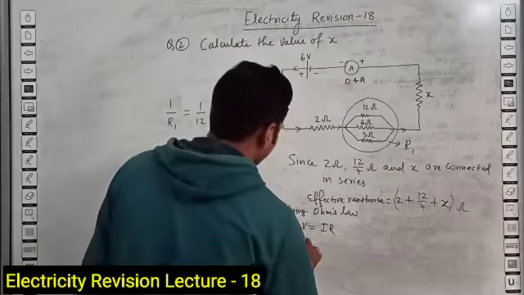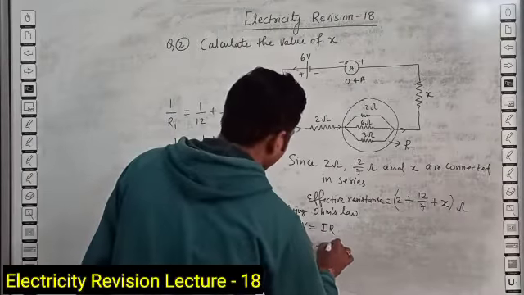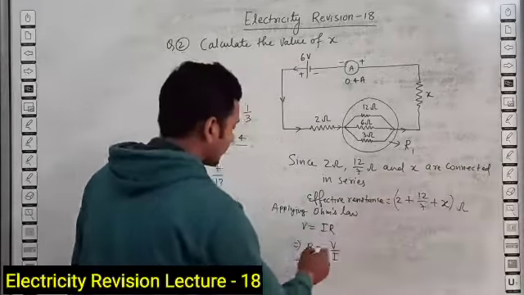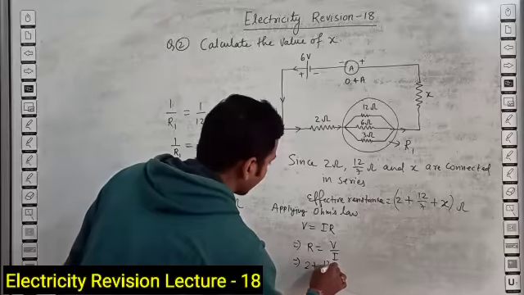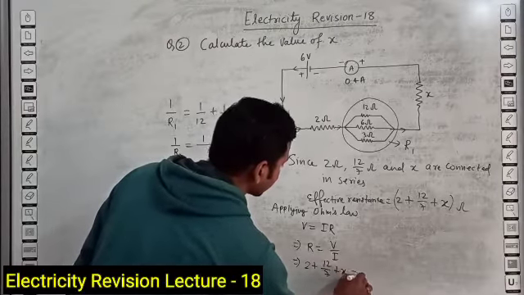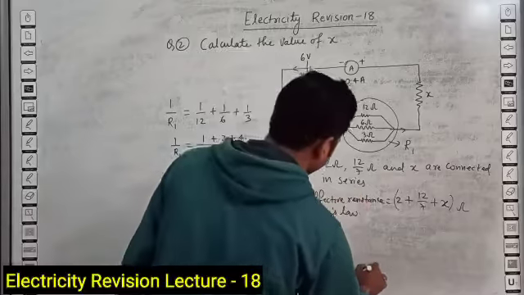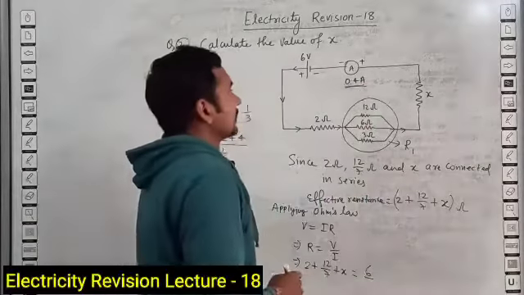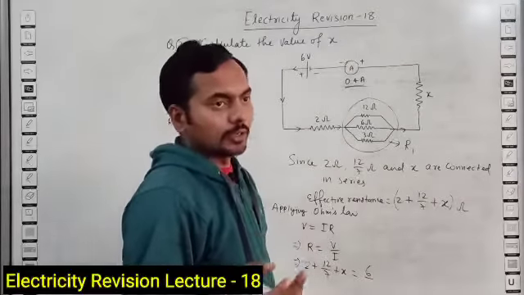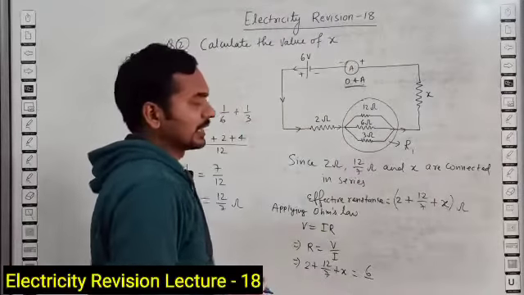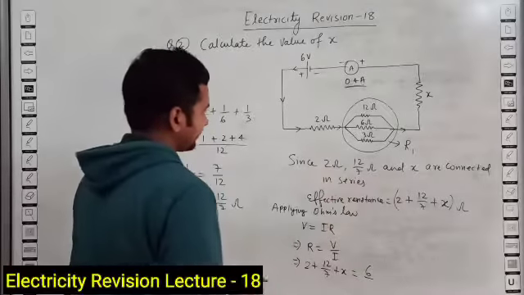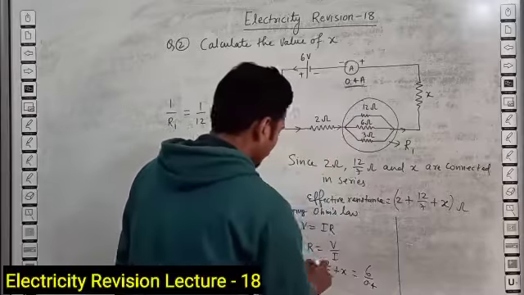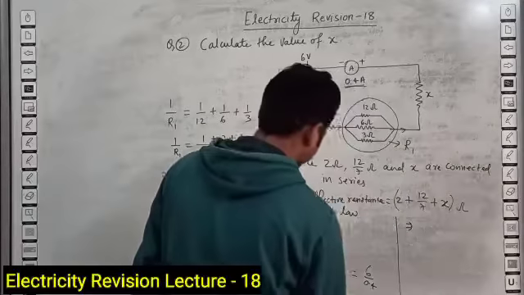From here R is equal to V upon I. So R, which is 2 plus 12 upon 7 plus X, is equal to V, given as 6, upon the current. The ammeter shows the overall current, 0.4. So we can solve this.